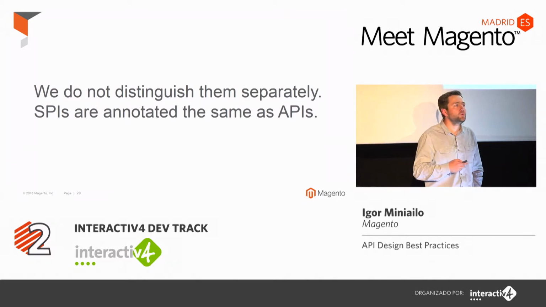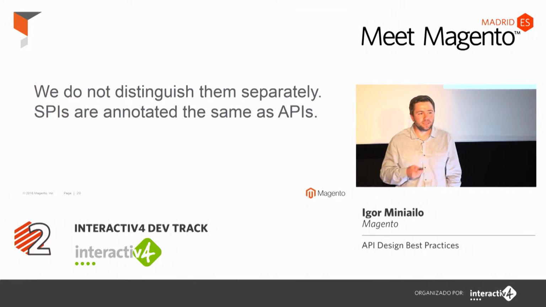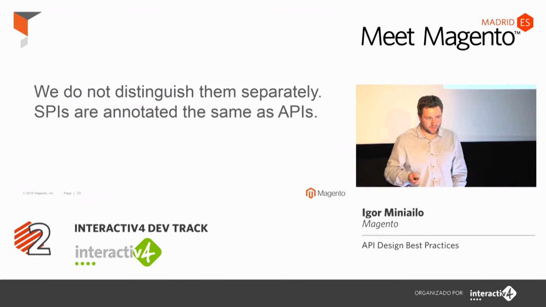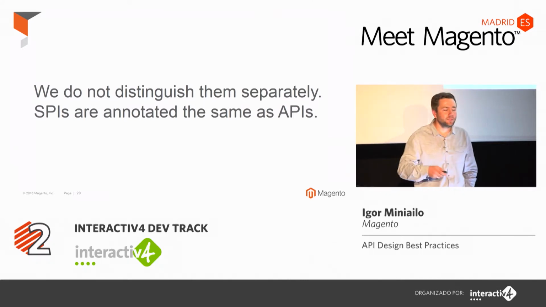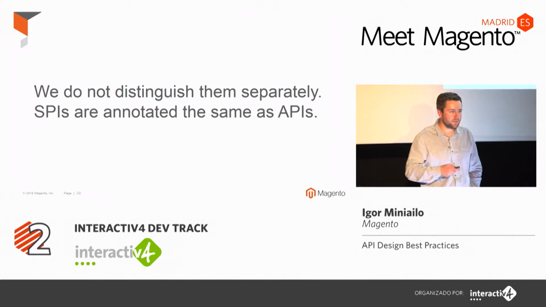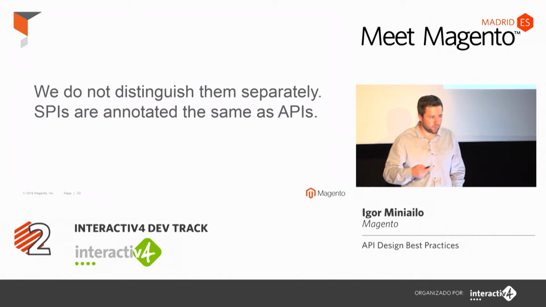We don't want to make breaking changes at all. But we understand, like everybody should understand, that it's a mandatory part. If the system is evolving, at some point of time we will make breaking changes.